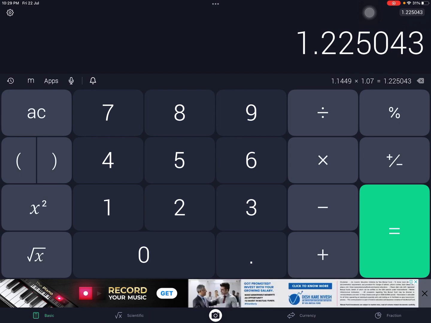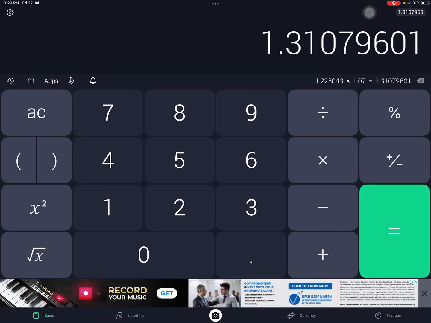Now this is 1.07 into 1.07 into 1.07, so this is 1.07 cube. I want 1.07 raised to 4, right? So I'll click is equal to again. Now this is 1.07 raised to 4, which is 1.31079.